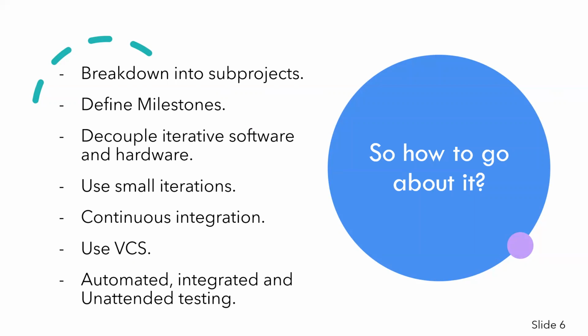Using smaller iterations can ensure progress and quality. And the most important part is to continually integrate the software pieces. Using VCS, or version control systems, can help you keep track of working code.